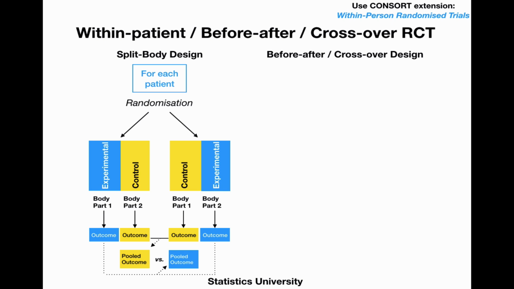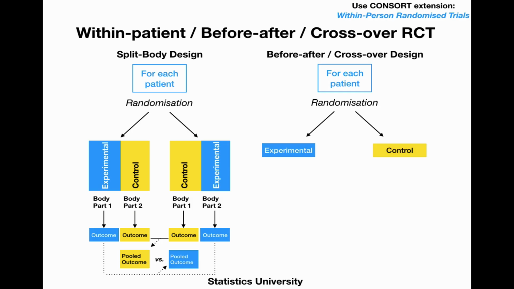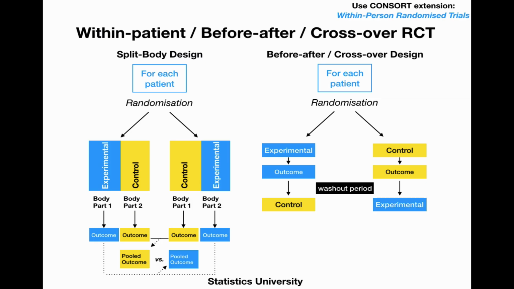Now we can also use a before and after or so-called crossover design, in which each patient is randomized to receive the experimental or the control therapy upfront, and then we wait until patients can develop an outcome, and then we wait a little longer for a certain washout period so that we make sure that the effect of that upfront therapy is not any longer in the system. And then we give each patient the other therapy.